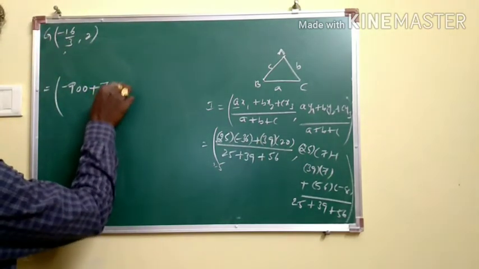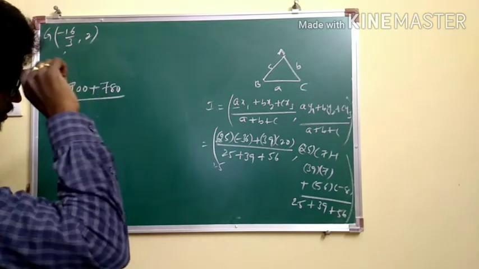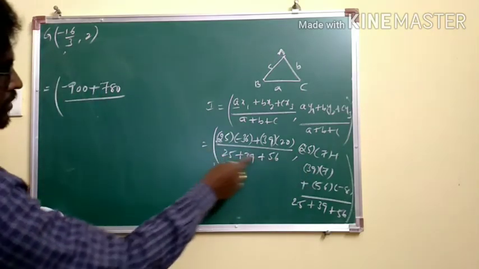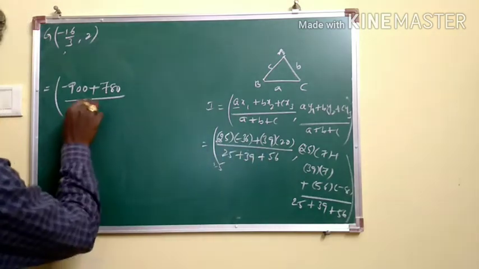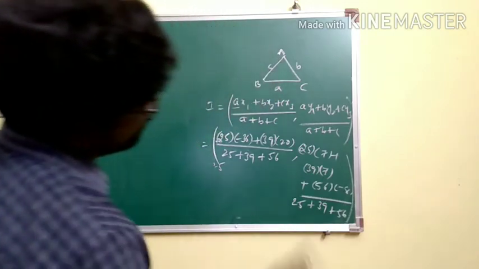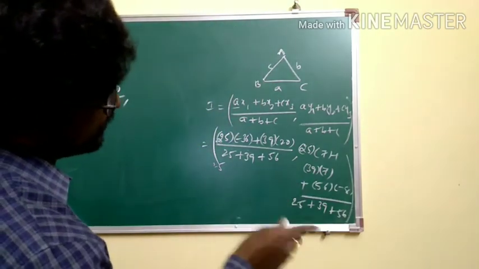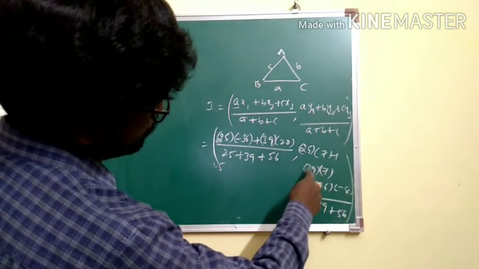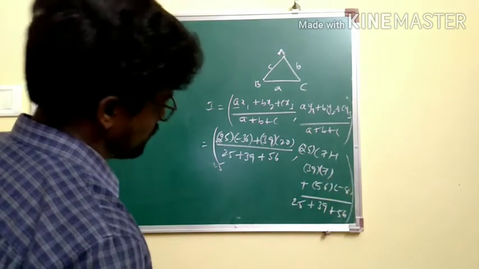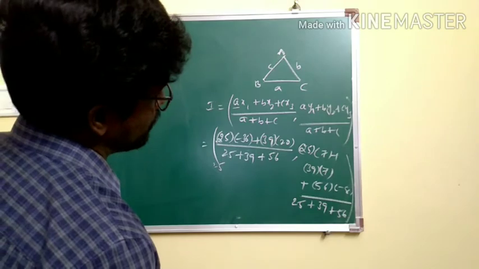We are getting 780 by 25 plus 39 plus 56, 20, 30, 50, 100, 15, okay, 120. Comma, 25 into 7, 175, 39 into 7, 273, and 56 into minus 8, minus 448.